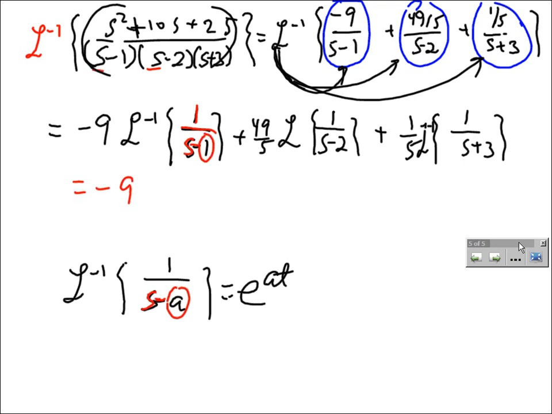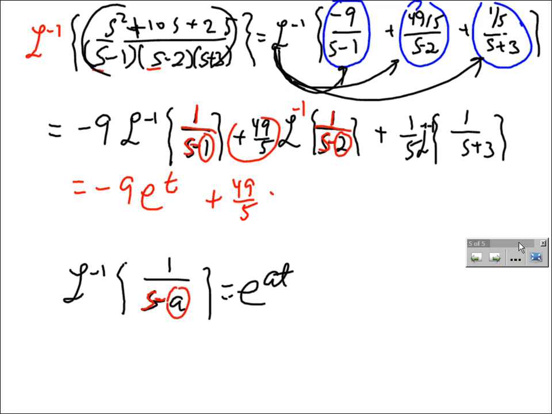So it's negative 9 e to the 1t, or just t, plus 49 over 5, the inverse Laplace transformation of 1 over s minus that.